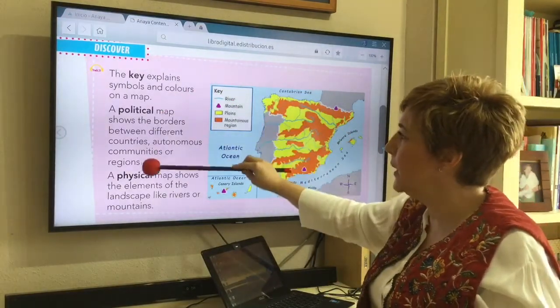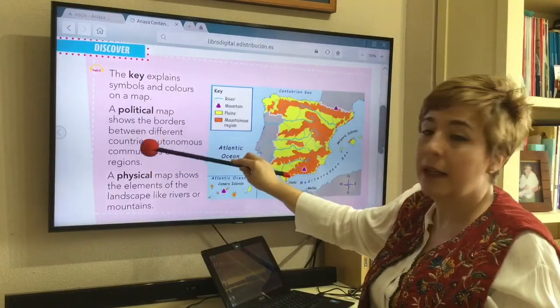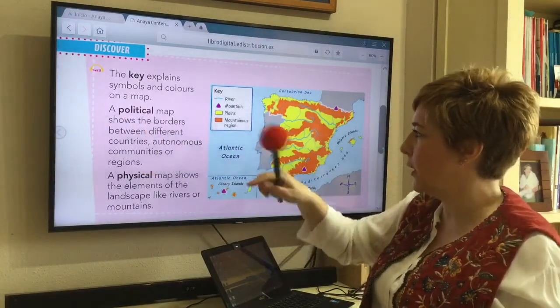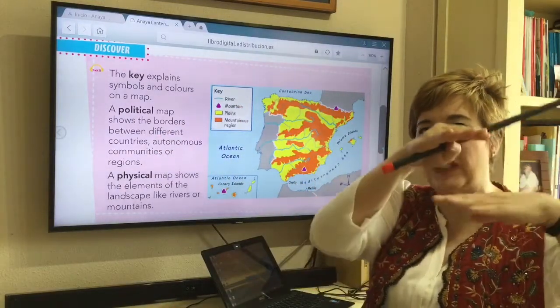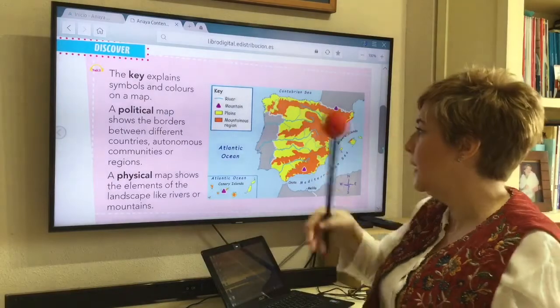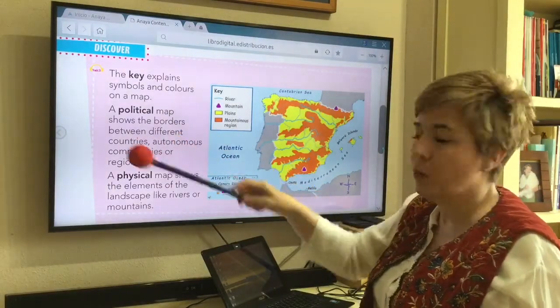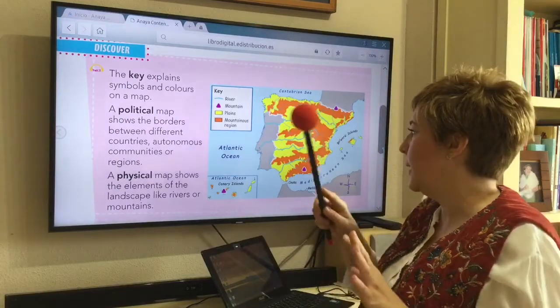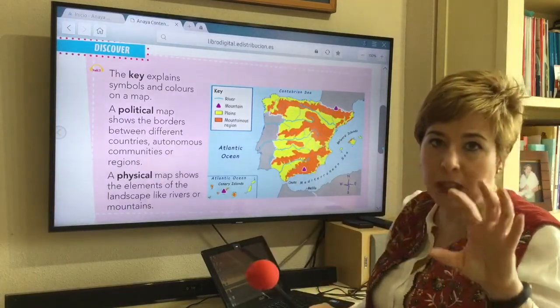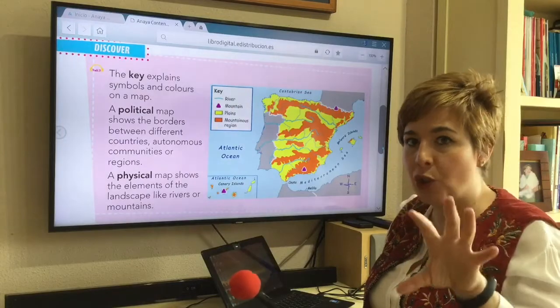A political map tells you the borders between different countries. What is that? The borders between different countries. Las fronteras. Autonomous communities, regions, towns, all the information about regions.